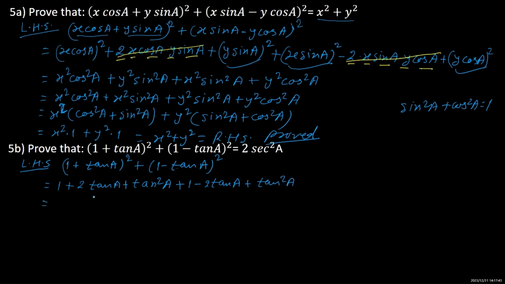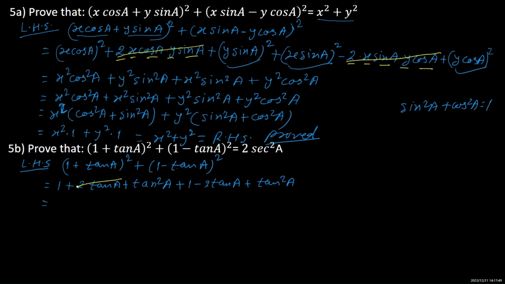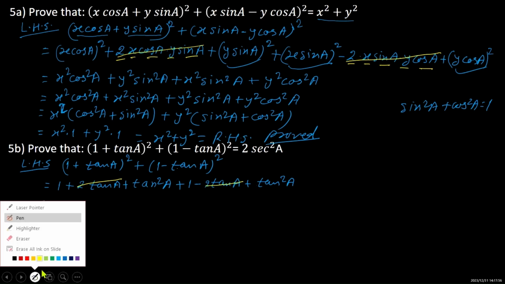And this is equal to, now minus 2 tan A and plus 2 tan A are cancelled.